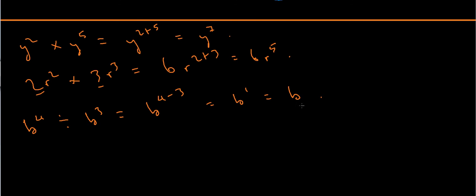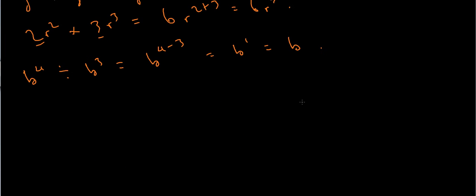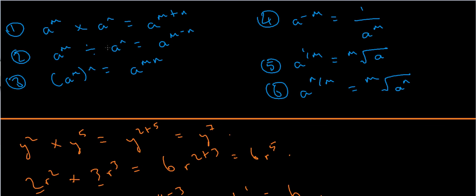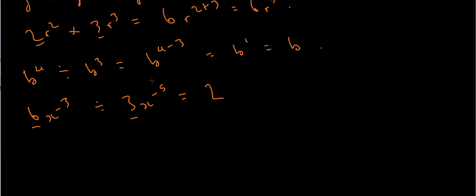Okay, time for another example. Let's try 6x to the minus 3 divided by 3x to the minus 5. Just as in our second example, we'll deal with the numbers first. So we've got 6 divided by 3, which is 2. Now we can simply apply our second rule again up here.